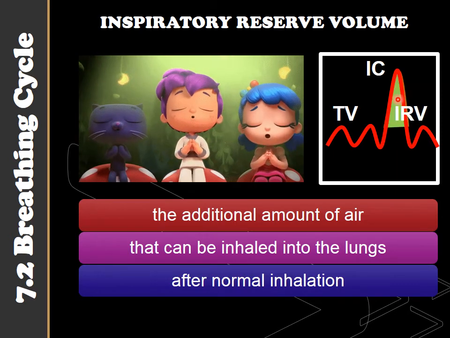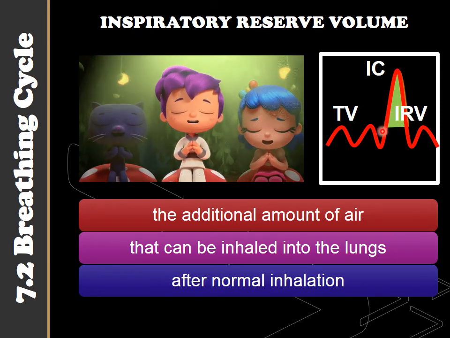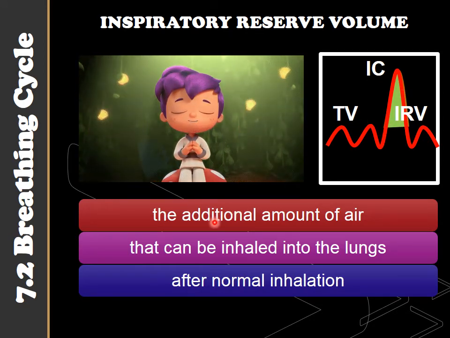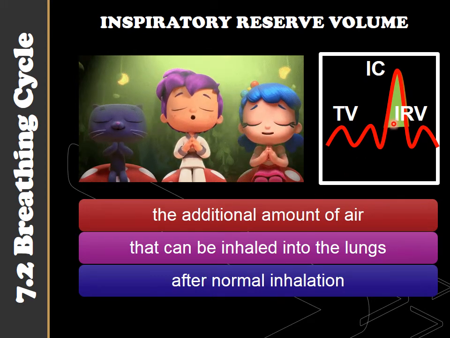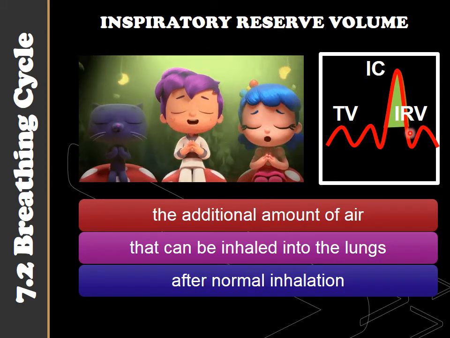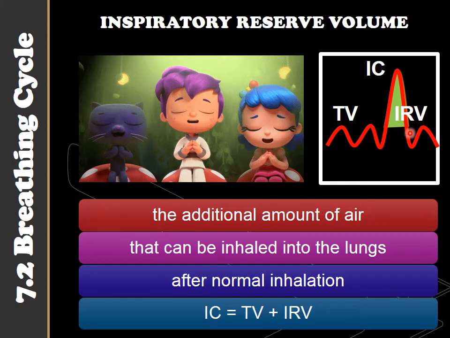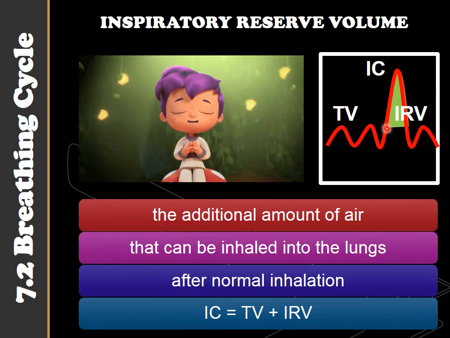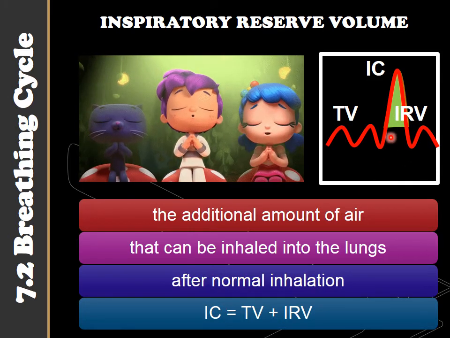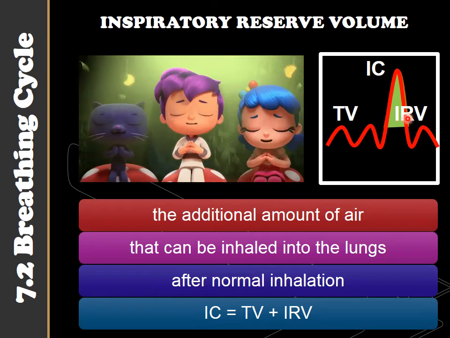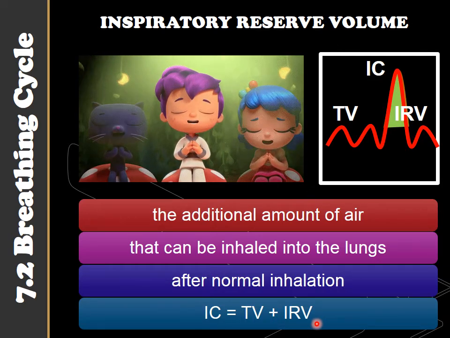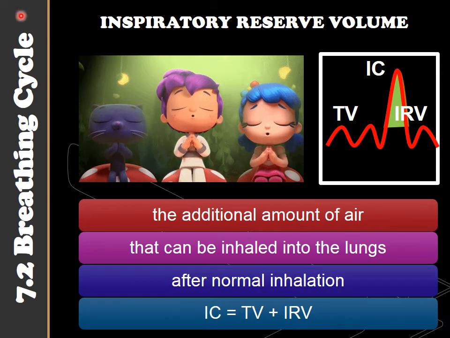If we minus the tidal volume, this green here is the additional amount of air which we call the inspiratory reserve volume. So the formula will be: inspiratory capacity equals tidal volume plus inspiratory reserve volume. It's not a very complicated formula. As long as you remember the shapes of the graph, you can figure out the formula.